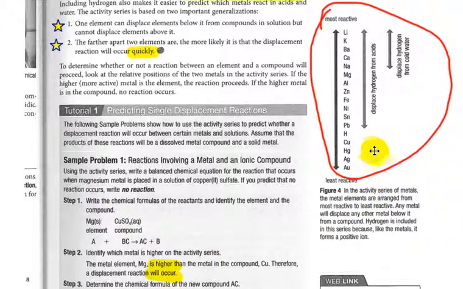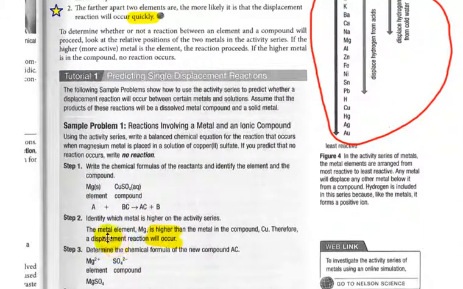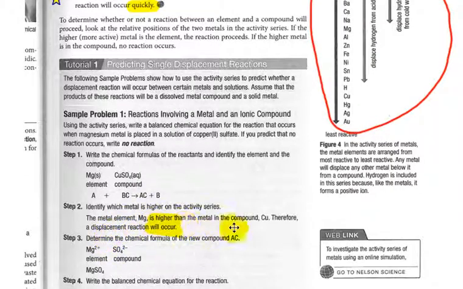If we look at their placement here, copper is right here, magnesium is right here, so yes, it does. In fact, magnesium is quite a bit higher than copper, so it will push copper out of the compound. So the metal element Mg is higher, therefore a displacement reaction will occur.